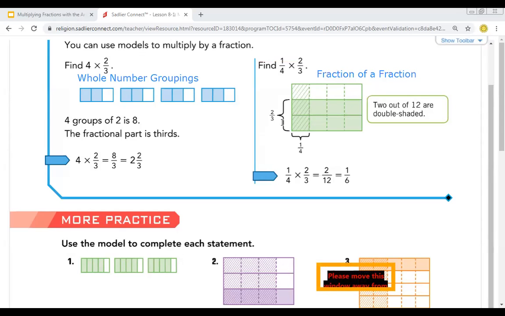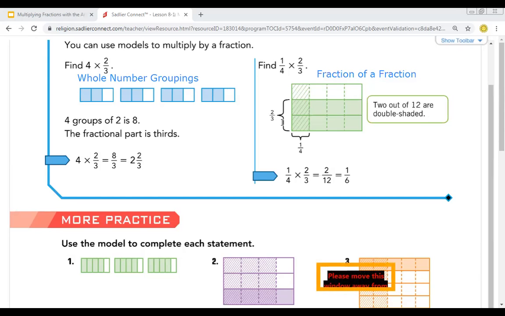So how many copies of this grouping do you have? 1, 2, 3, 4. There's 4 copies of one fraction. What fraction did they model in the first little drawing here? What fraction is this? 2/3. So there's 4 of those, right? There's 4 copies of 2/3.